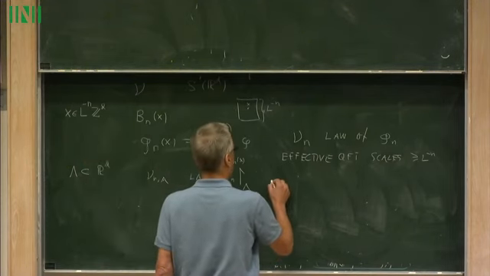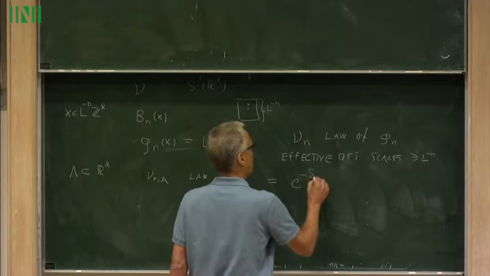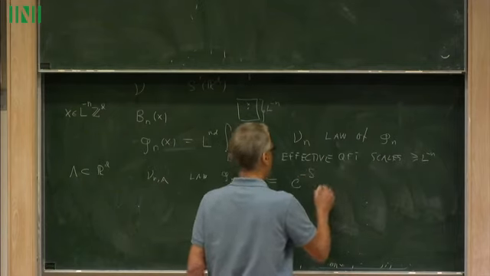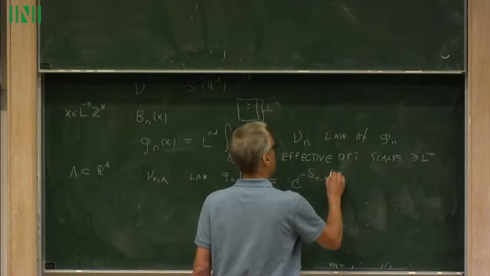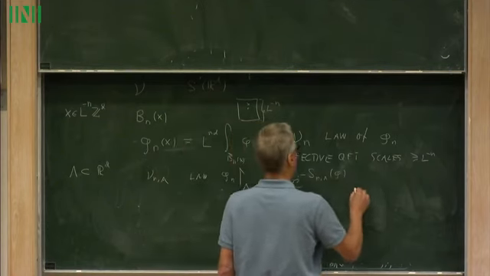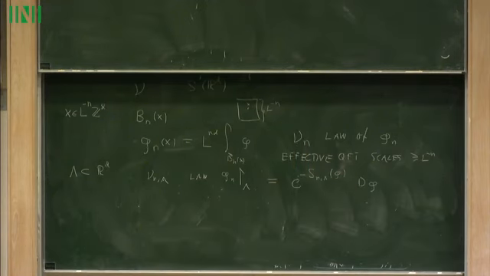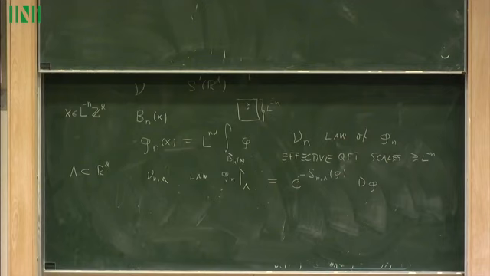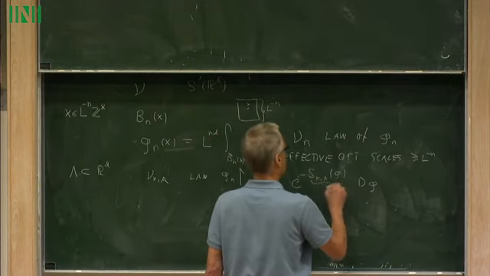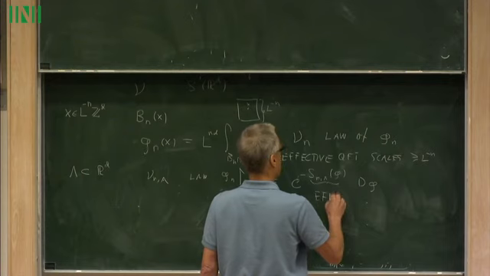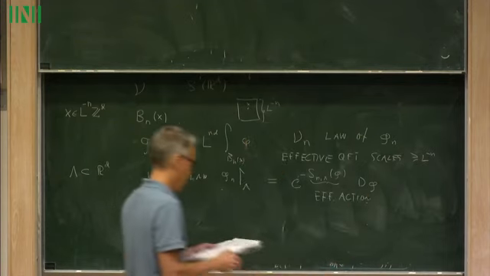So that I should be able to write as e to the minus some S, and let me call it also S_{n,Lambda}(phi), with respect to the Lebesgue measure. Okay. So this thing we call the effective action.